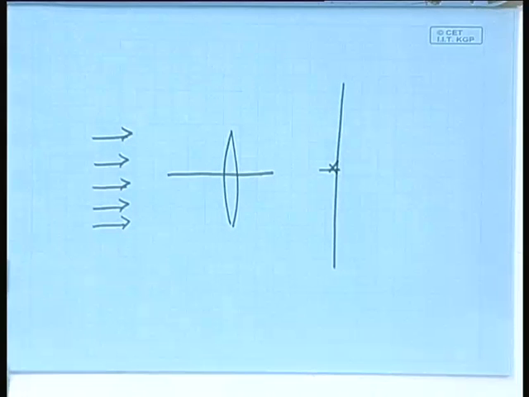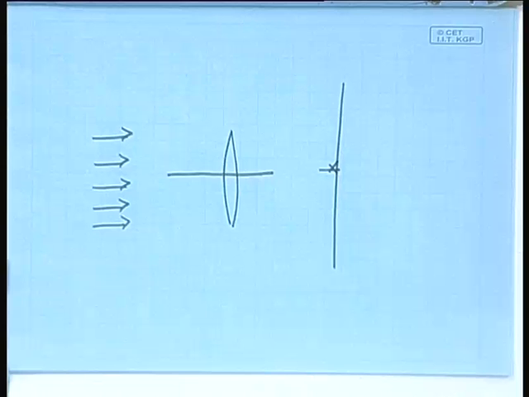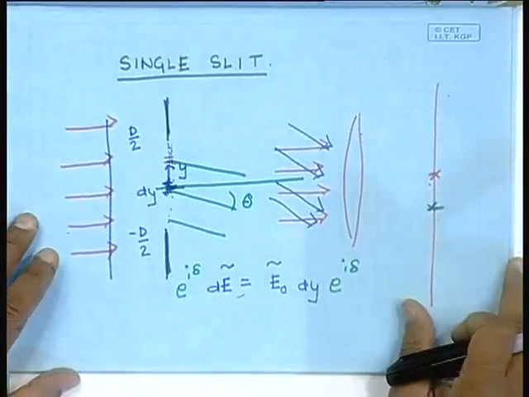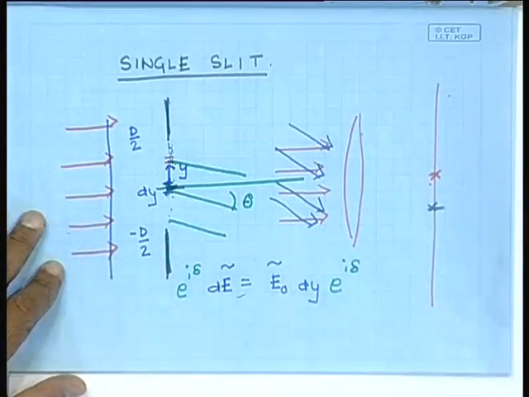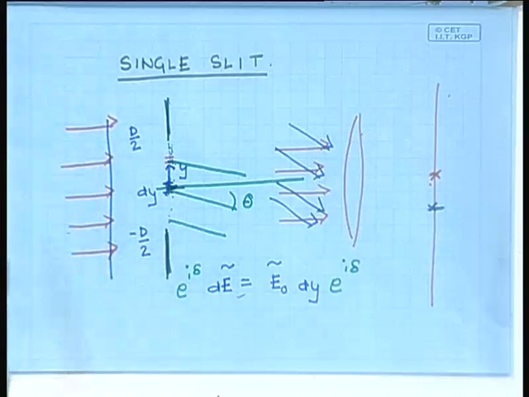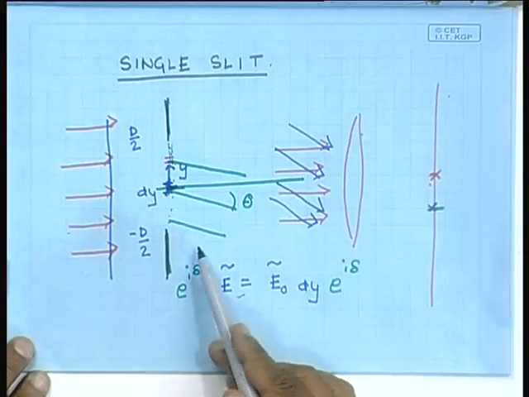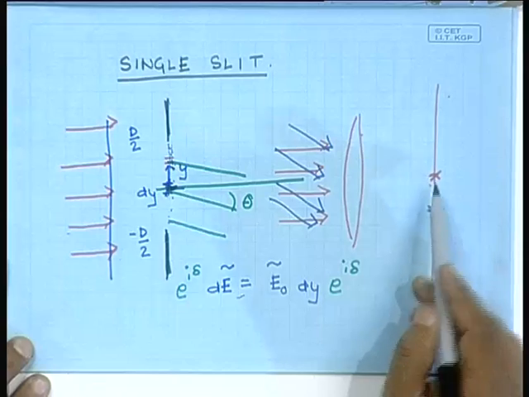So, in this case, what you expect to see is a spot at the center of the screen. This is exactly the same situation. You have a plane wave which is incident, and naively you would think that a part of the plane wave would go through, fall on this lens, and you would get a spot at the center.